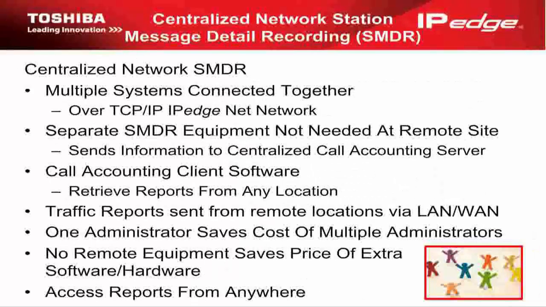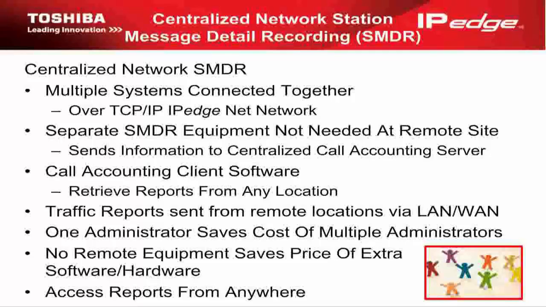Multiple systems that are connected via IPedgeNet networking can take advantage of centralized network station message detail recording, or SMDR. IPedge will send the SMDR information across the network to the call accounting server. If the users have call accounting client software, they can access reports from anywhere they have the client software.